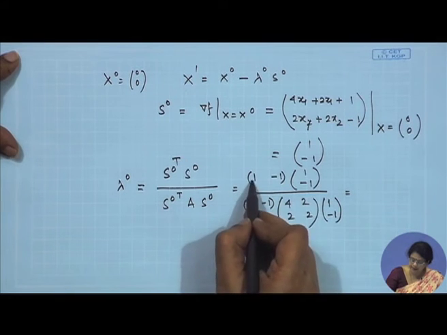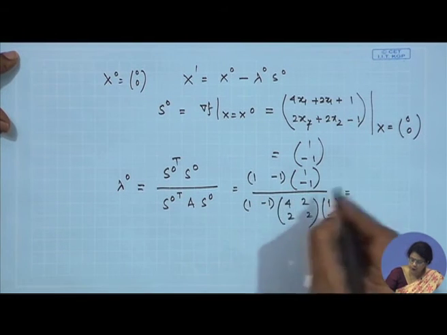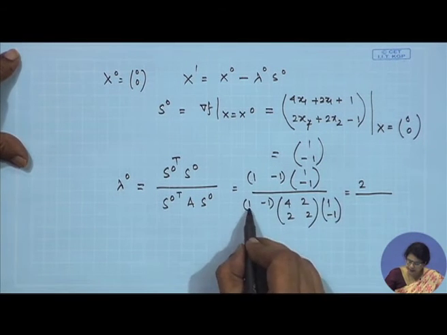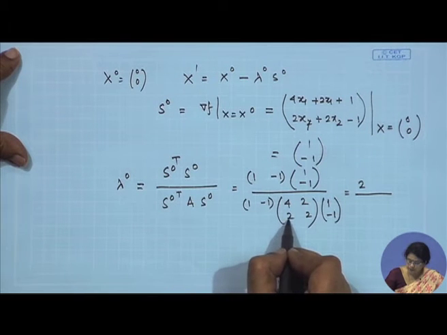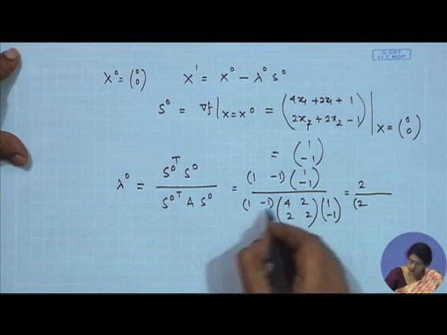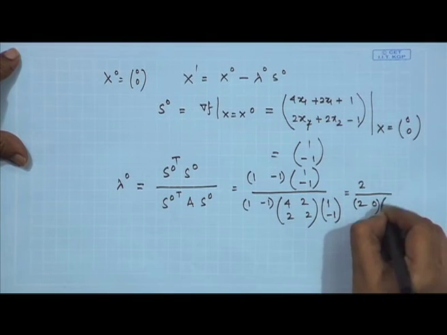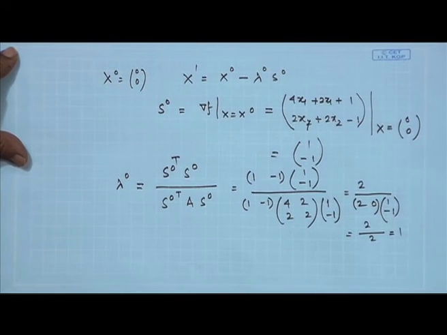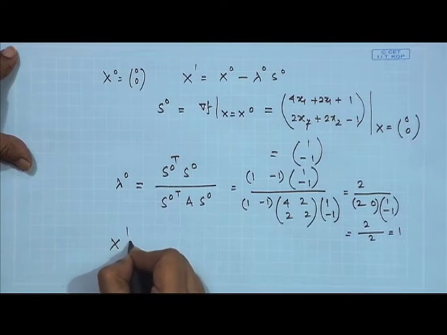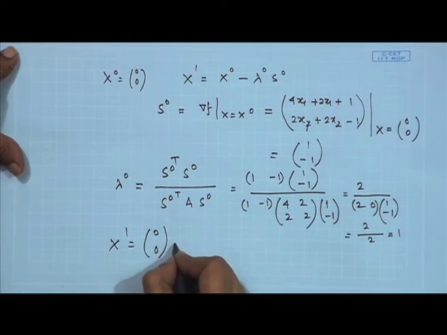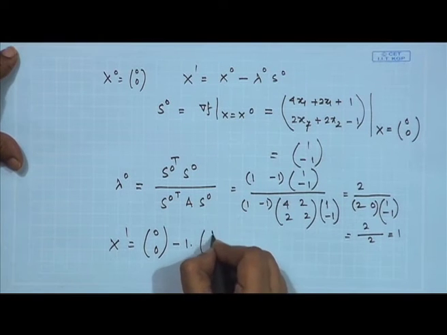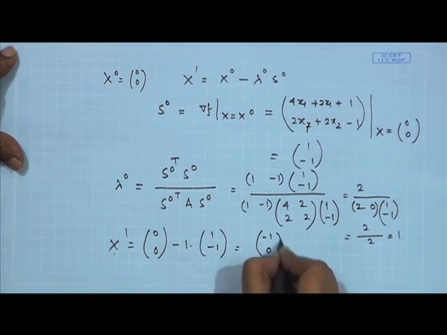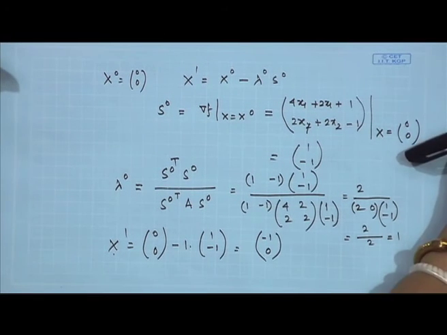If we calculate the value, 1 plus 1 gives 2, divided by 4 minus 2, that is 2, minus 2 plus 2, giving 0, 1 minus 1. This is equal to 2 divided by 2, which is 1. Therefore, my next x1 would be (0, 0) minus 1 into (1, -1). That is why my next x1 is (-1, 1). Clear? This is the calculation for you.